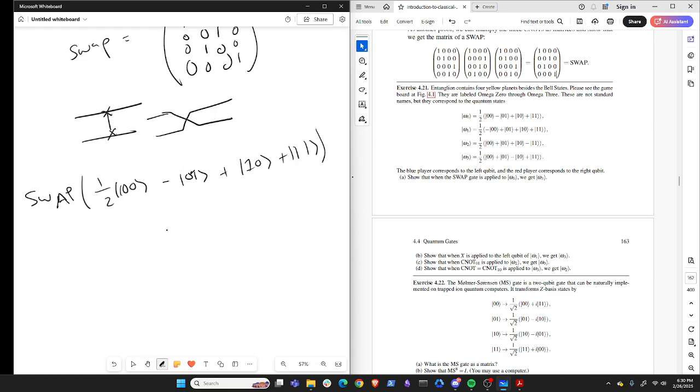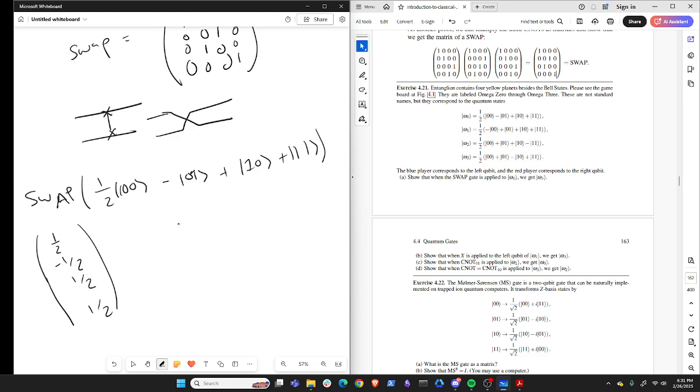So we could do this various ways. We could do it the linear algebra way. We could break this into a column vector of amplitudes, right? We could say 1/2, 1/2, negative 1/2, 1/2, and 1/2. And we could multiply it with our swap matrix, and we could show that these two will switch places.